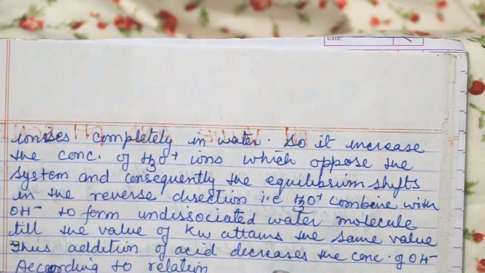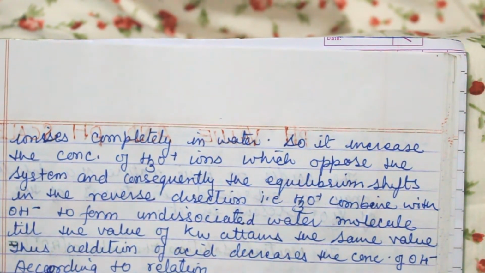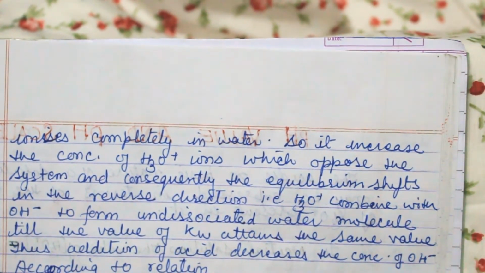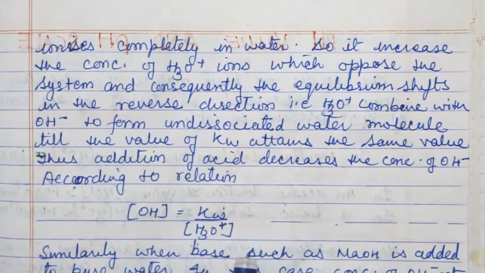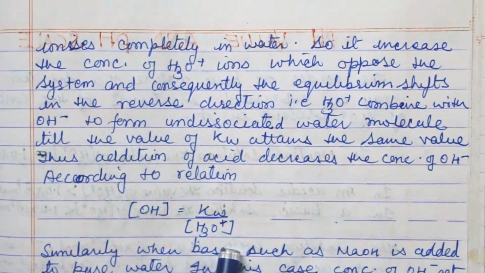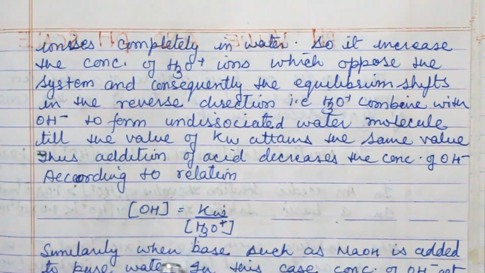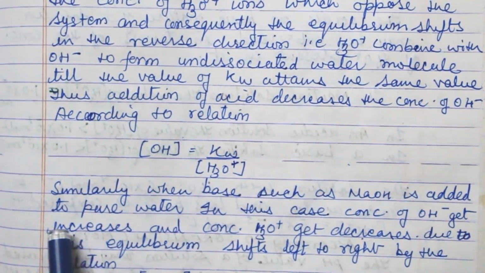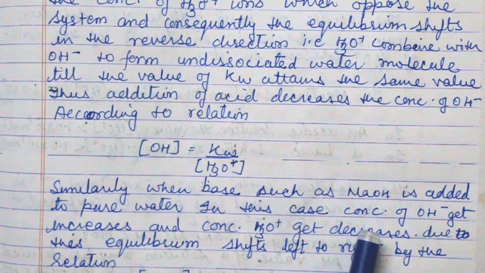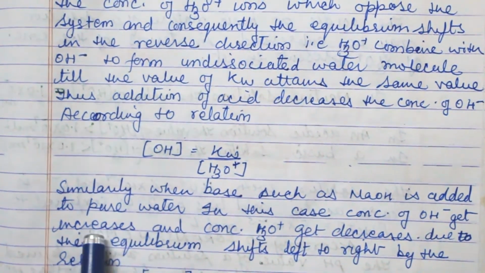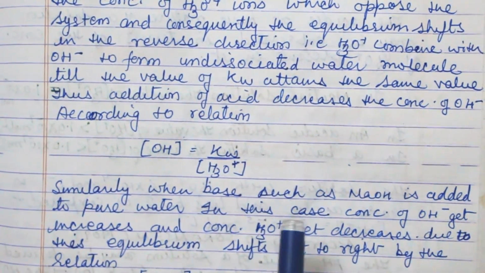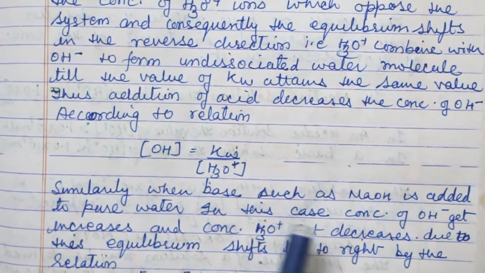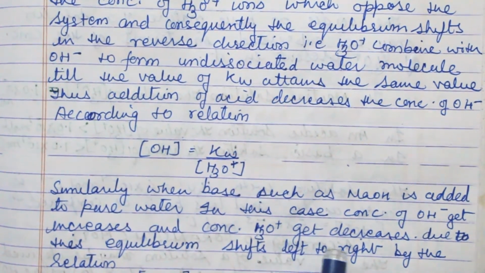Thus the addition of acid decreases the OH ion, because it increases hydronium ion, so it decreases OH ion. According to the relation, OH is equal to Kw upon hydronium ion. Similarly, when a base such as NaOH is added to pure water, in this case the concentration of OH increases, because a base accepts a proton and releases OH. So OH ions increase and the concentration of hydronium decreases.